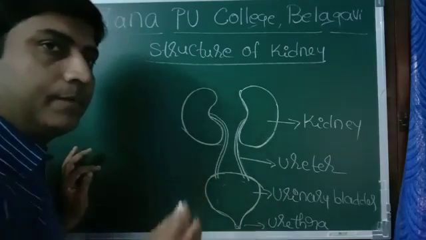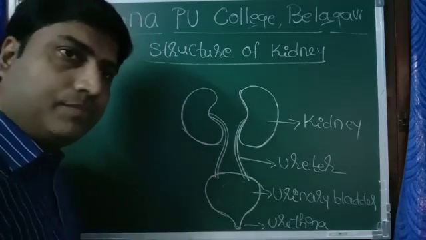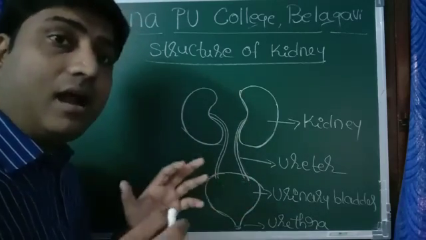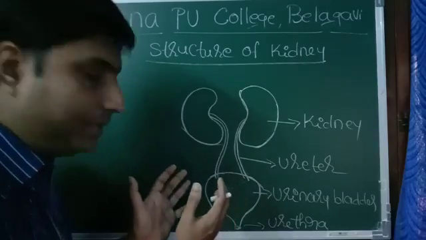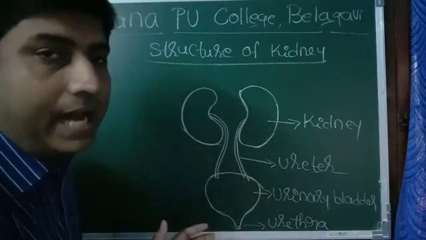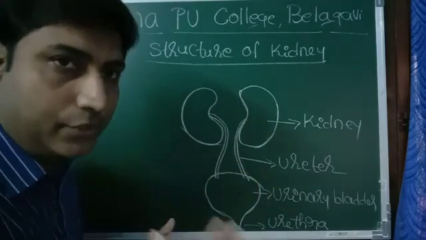In the urinary bladder, there are some sensory cells. They can sense as the urinary bladder stretches. They come to know that the bladder is now filled with urine and it is time to release the urine.